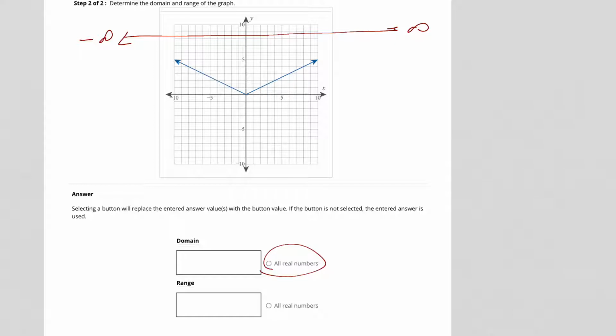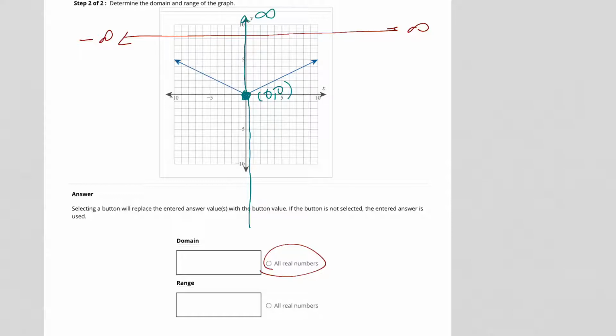My range, I read from the bottom to the top. And as I do that, right here is the first time I reach a point that has a y-coordinate. And so that point right there is 0. 0, 0 is my first point. And then it just keeps going to positive infinity.